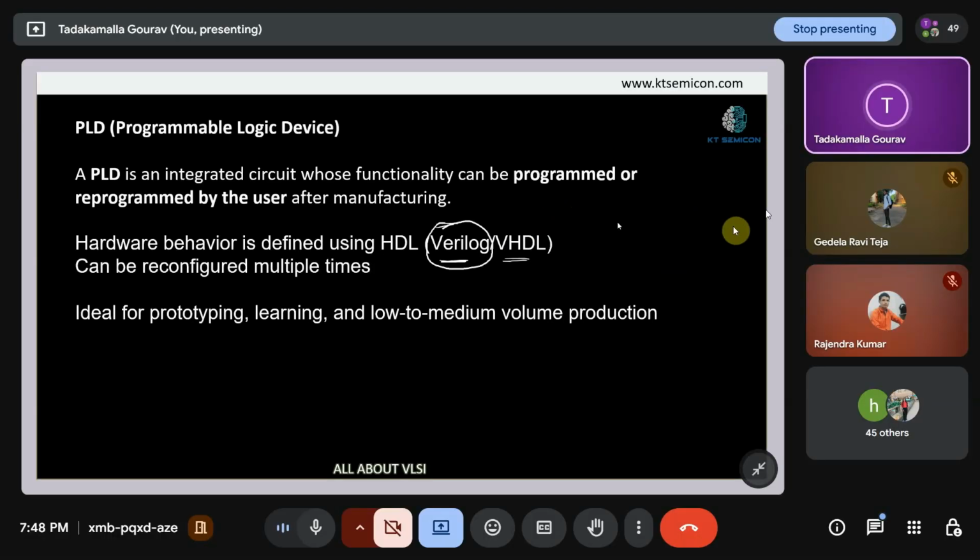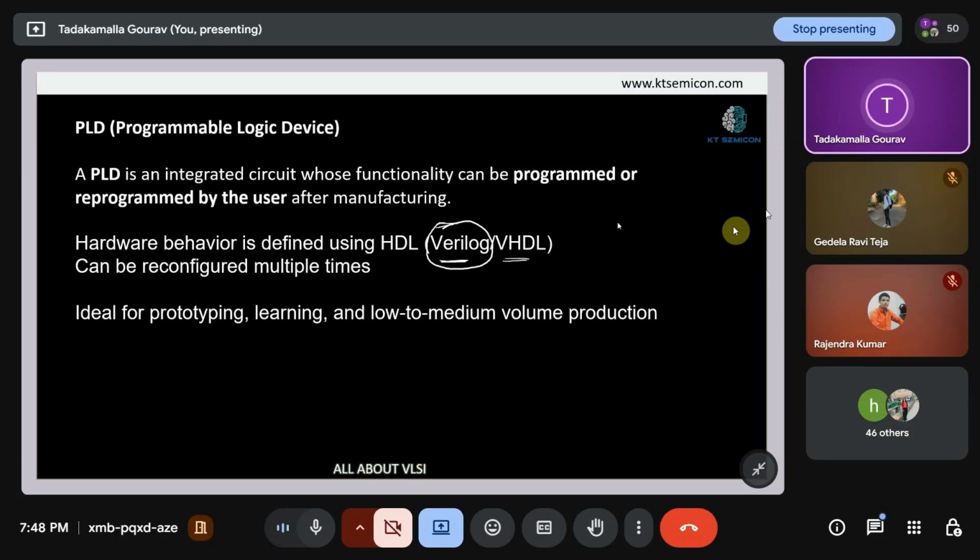If you don't know the Verilog language, no issue. You can refer to the playlist already available on our channel, from the basics to the advanced versions, everything is available. We are not going to deal with VHDL. So we are going to define the hardware present in our FPGA using Verilog.